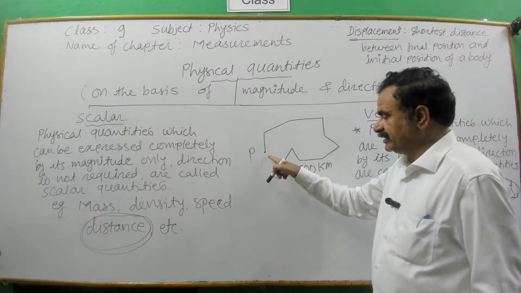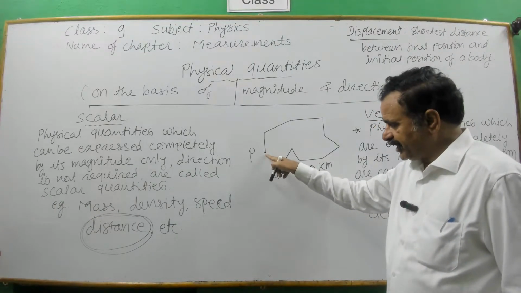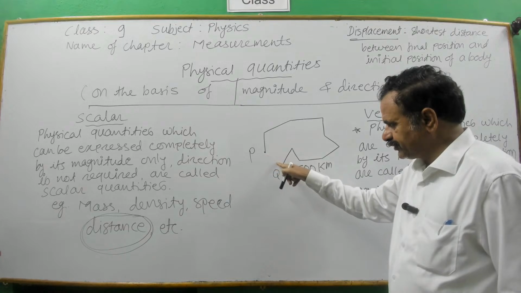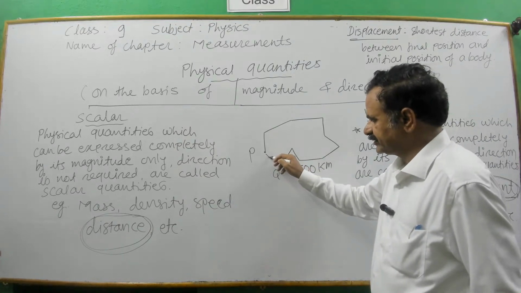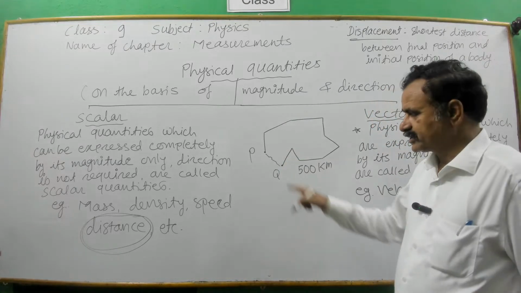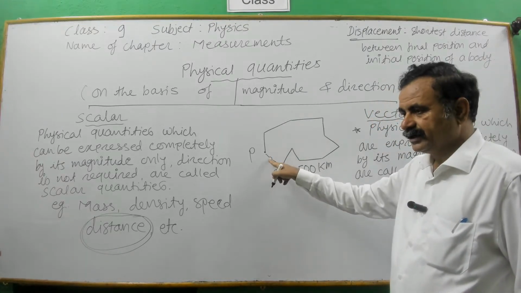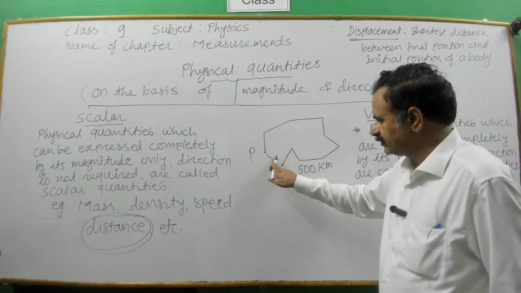If I travel straight from P to Q, थोड़ा सा भी मुझे ऐसा नहीं चलना पड़ेगा, like this. Is this shortest? It has curves. It is not straight. ये straight नहीं है बच्चों.